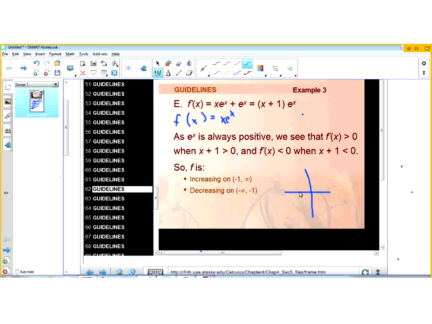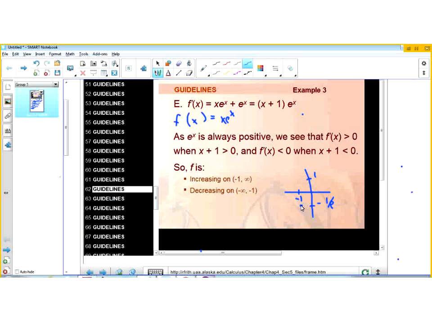So at -1, the output is roughly a third, and this would be 1 over e. Wait a minute, what's the output at -1? No, it would be negative 1/3, so it would have to be here. So we call this point (-1, -1/e).